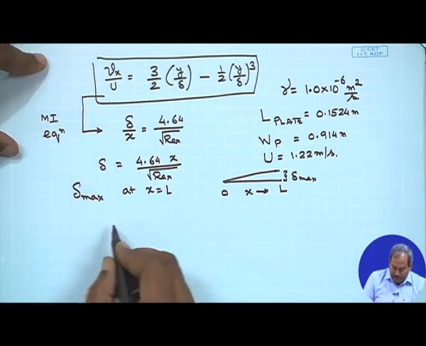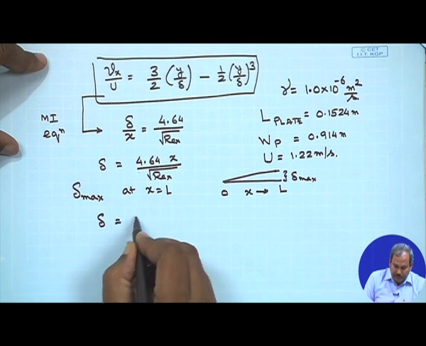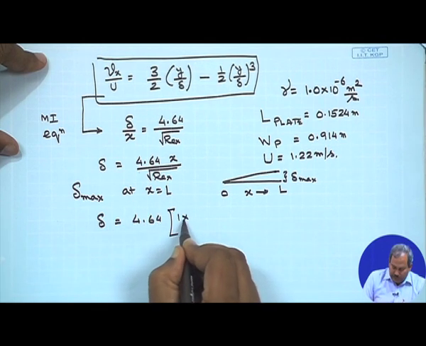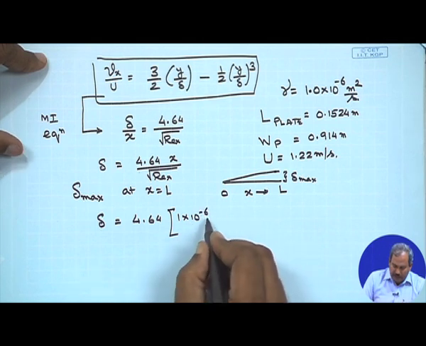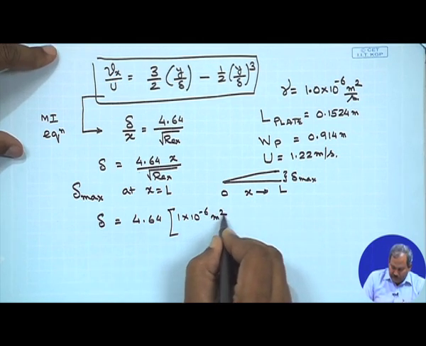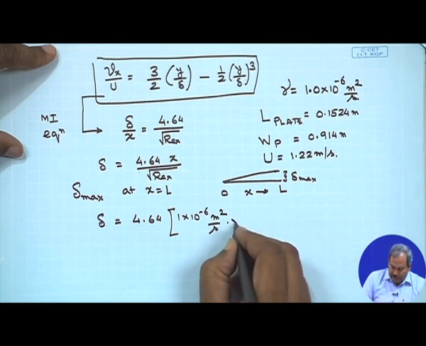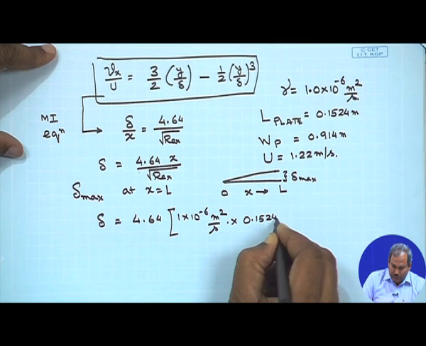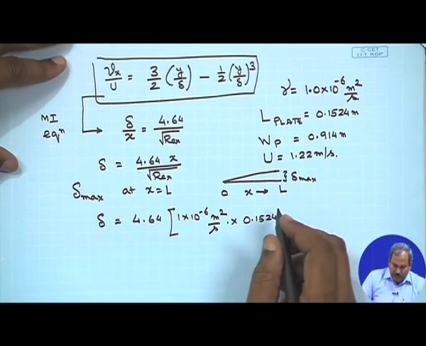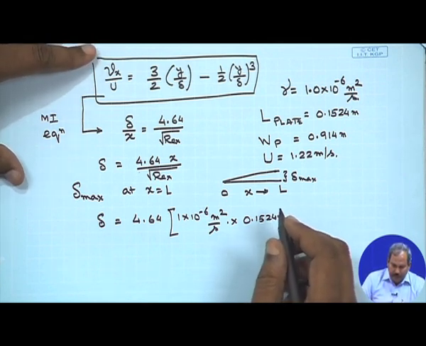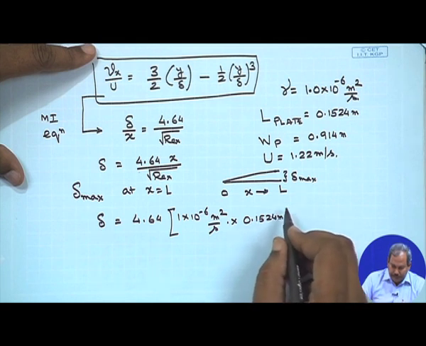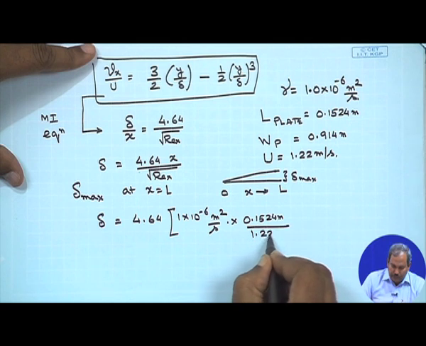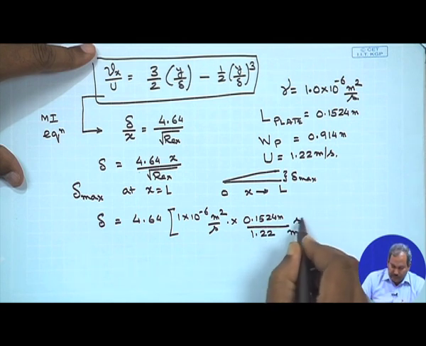When you plug in the values, delta would be 4.64 times 1 into 10 to the power minus 6, which is the kinematic viscosity in meter square per second, times the length 0.1524 meter, divided by the square root of the free stream velocity, 1.22 meter per second.